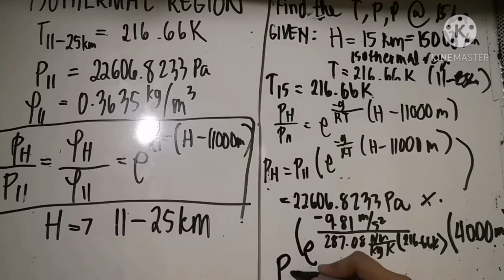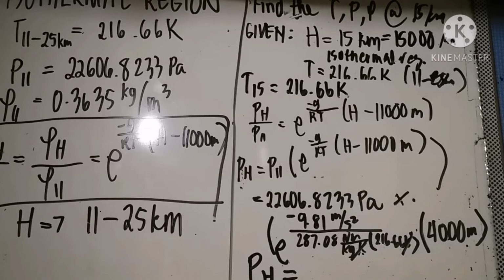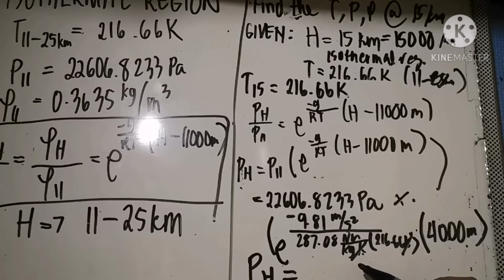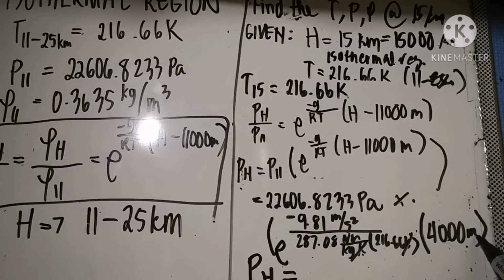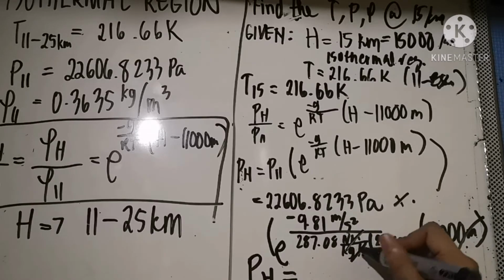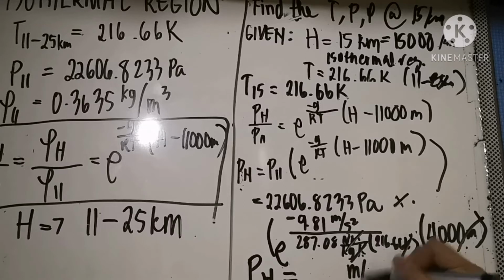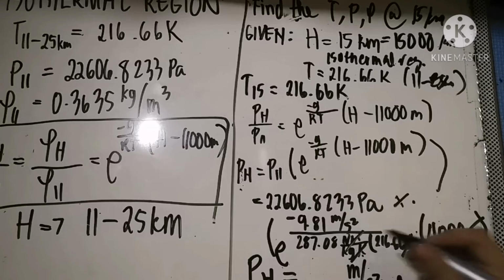Now let's solve this. So P mo is equal to cancellation of units. We have here Kelvin, cancel. Meters here, cancel. And then, kapag nireciprocal, magiging meters per second squared times reciprocal ng kg over Newton.